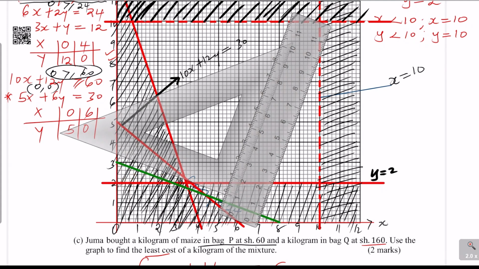So when you slide, the first point to be touched as you enter that region, this point here, is a corner point. So this point is the one that gives us the minimum value.